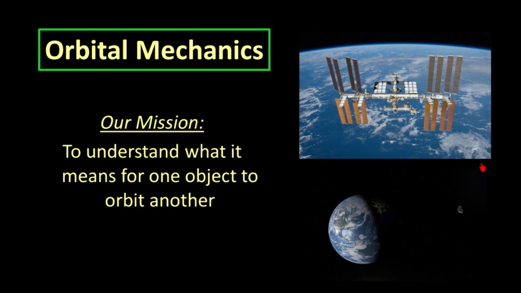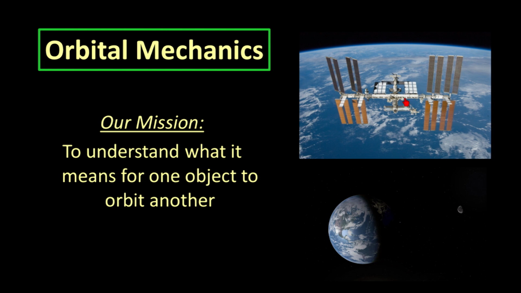Now again, the overarching concept is called orbital mechanics, the mechanics of orbiting bodies. And our mission in this series of videos is to understand what it means for one object to orbit around another body. To give you a couple of examples here, the International Space Station continuously orbiting around the Earth is an example of a very large object that is man-made or human-made that is orbiting around the Earth.